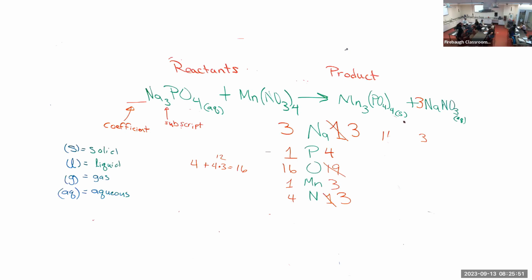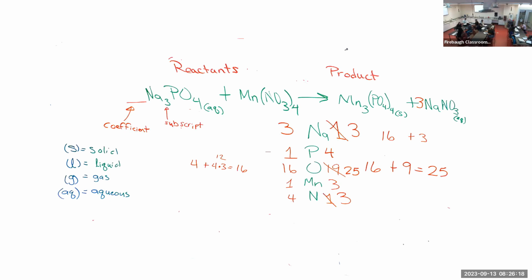Okay, let's do 4 times 4, 16, plus 3 times 3, 9. So that's 25. So we have 25.